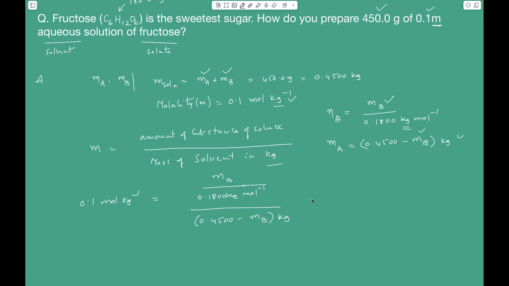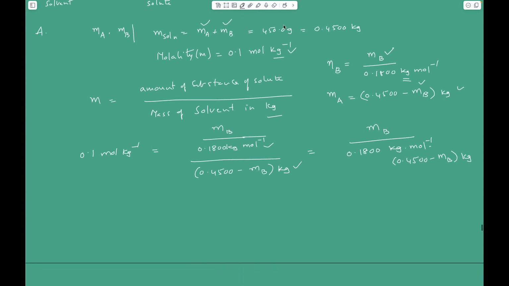Kilogram, right? So this will be equal to MB over, these two terms will end up in the denominator, right? So it would be 0.1800 kilogram per mole multiplied with 0.4500 minus MB kilogram. Now if you take kilogram inverse to the denominator, it becomes mole over kilogram, right?